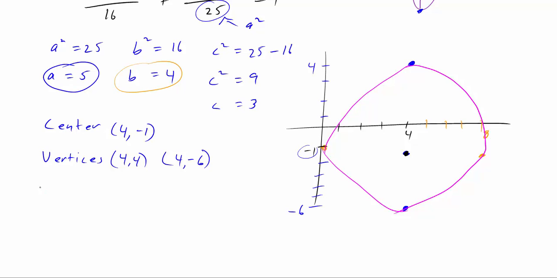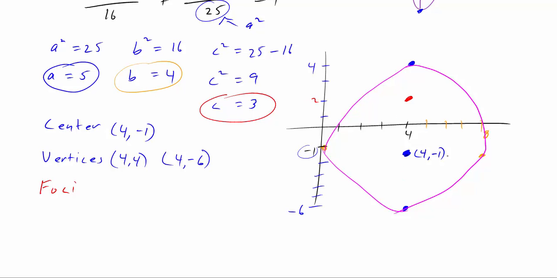And then we can look at finding our foci. Again, they're going to be on the major axis, which here once again is vertical. And the distance from the center to the foci is going to be the c value, which is 3. So that means we're going to go up 3 units. So 1, 2, 3, which would put us here. If this is our center at 4, negative 1, and we're going up 3 units, we're going to add 3 to the negative 1, which would put us at 2.